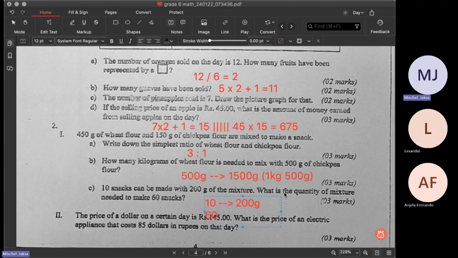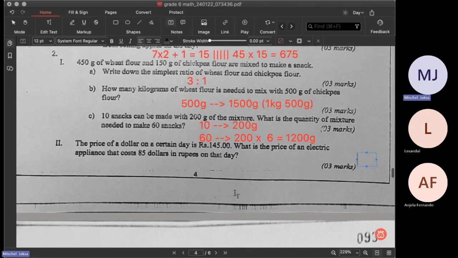What should we do? We should multiply 200 with what? Miss, 200 to 6. Well done. So what is the answer? 1200 grams. 1200 grams. Well done, Pute.